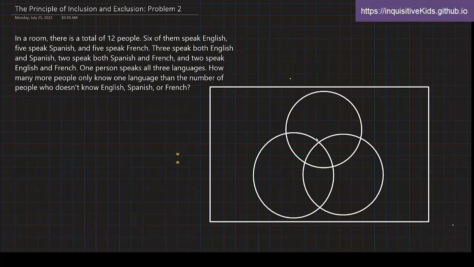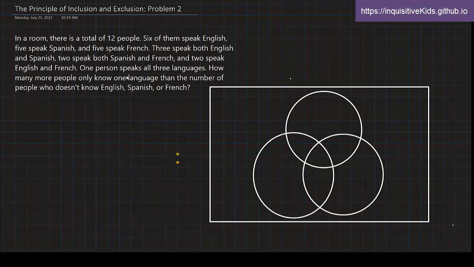So 6 of them speak English, 5 speak Spanish, and 5 speak French. 3 speak both English and Spanish. And remember, the first thing we do is to try to find where that most overlapping part is. If you only have 2 circles, then you find the one area where there's most interaction between the regions. For 3, you always want to do that middle part.